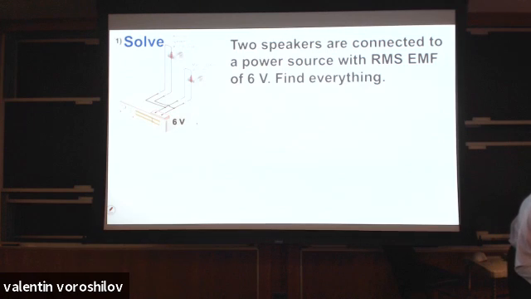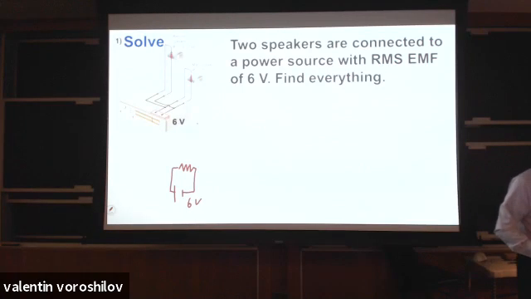So what do I have? Battery, power source 6 volts. Then I've got one resistor. A speaker is a resistor, a device. Also called a load. It's loaded. R1 equals 8 ohms.